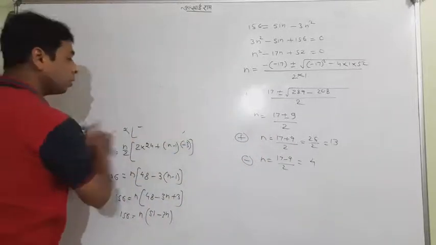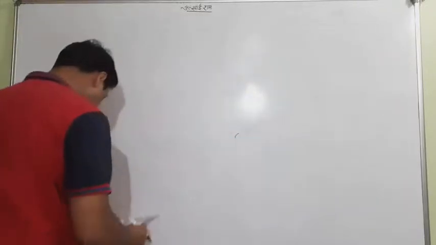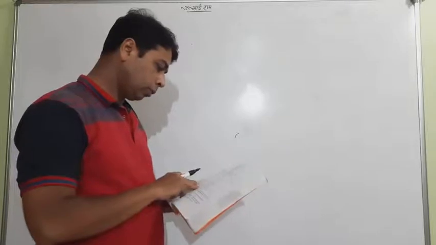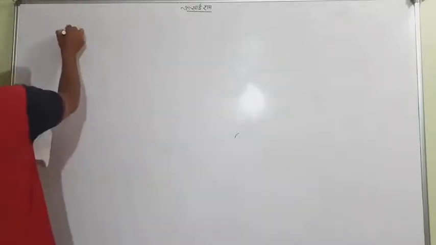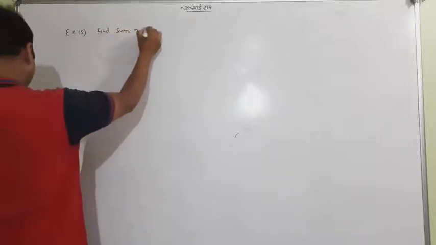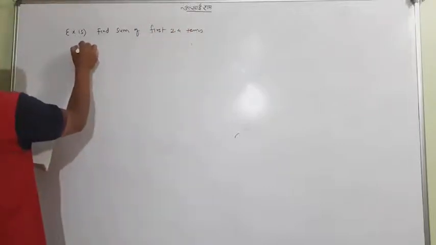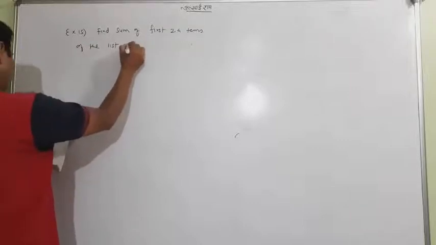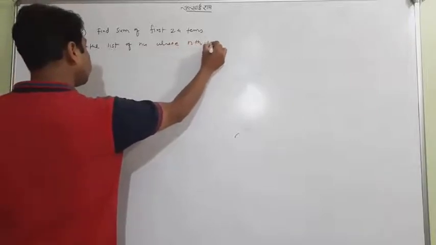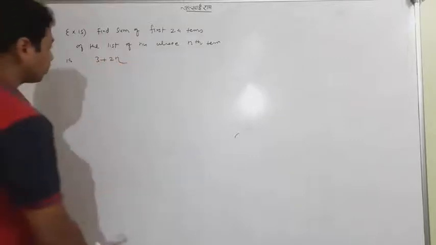Now let me tell you another question. The question says, example 15, I'm telling you: find the sum of first 24 terms of the list of numbers whose nth term is given by 3 plus 2n.